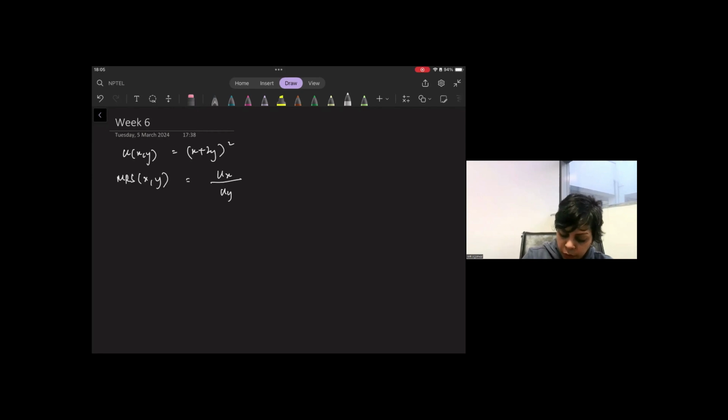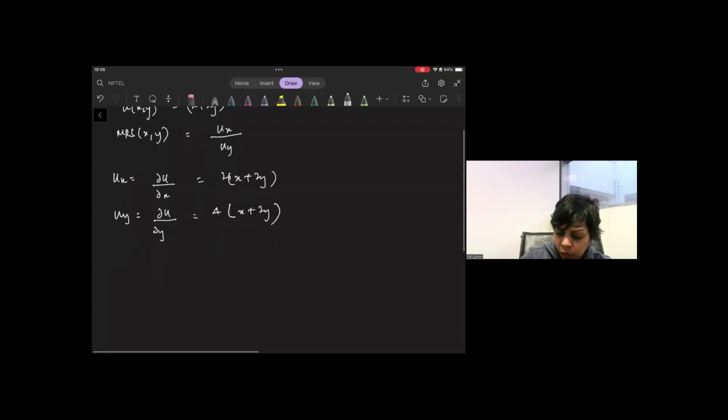So we'll first calculate ux, which is del u by del x. It comes out to be 2 into (x plus 2y). uy is del u by del y, 4 into (x plus 2y).